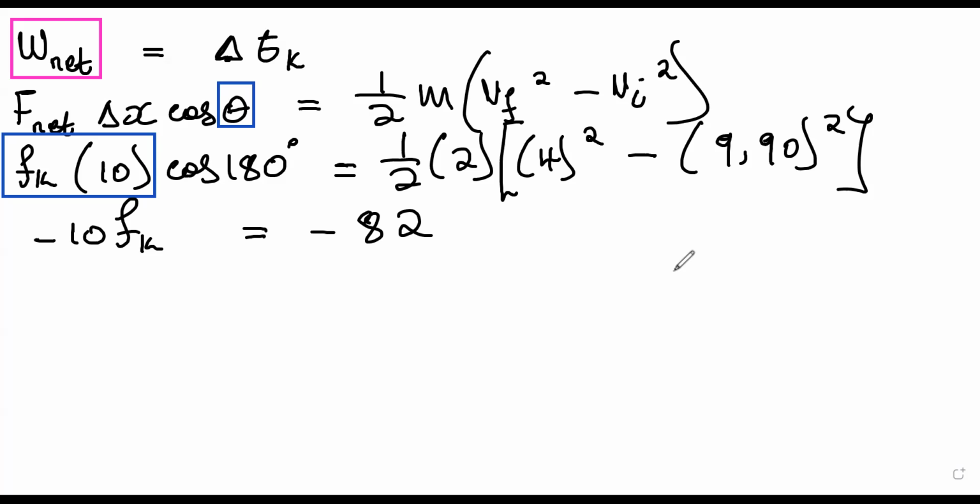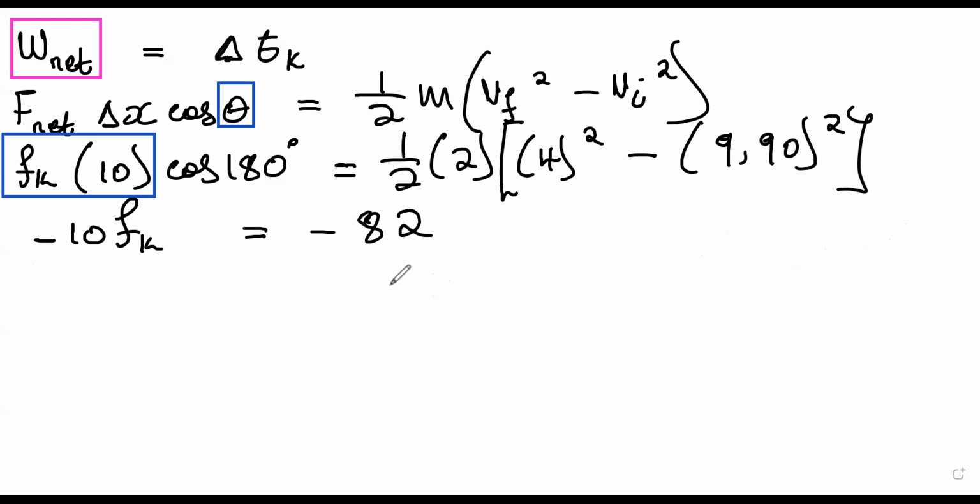Remember, before we found our vf, we had vf squared, which was equal to, what was it again? I think it was 98. Yeah, I think it was 98. So you could have used your 98. It will give you exactly the same thing, which is correct, because 9.9 is now rounded off.